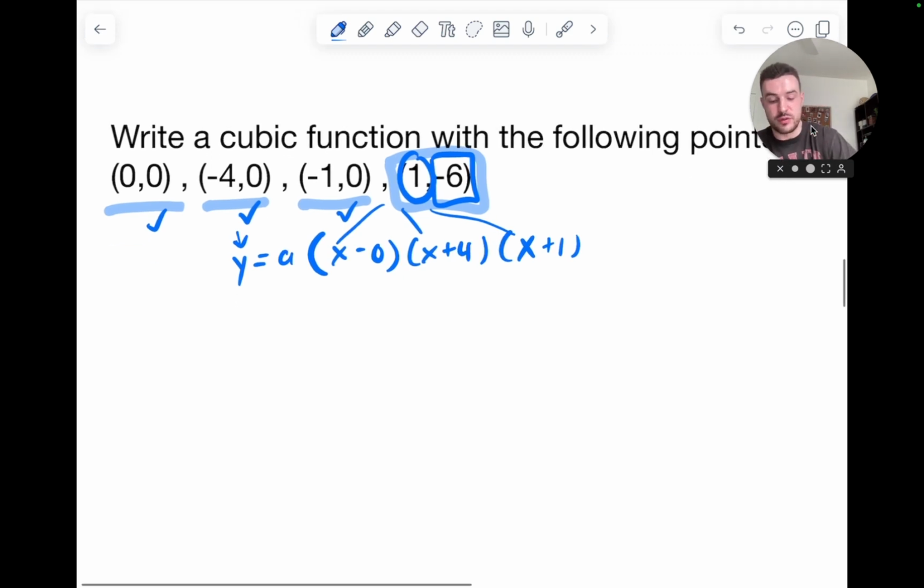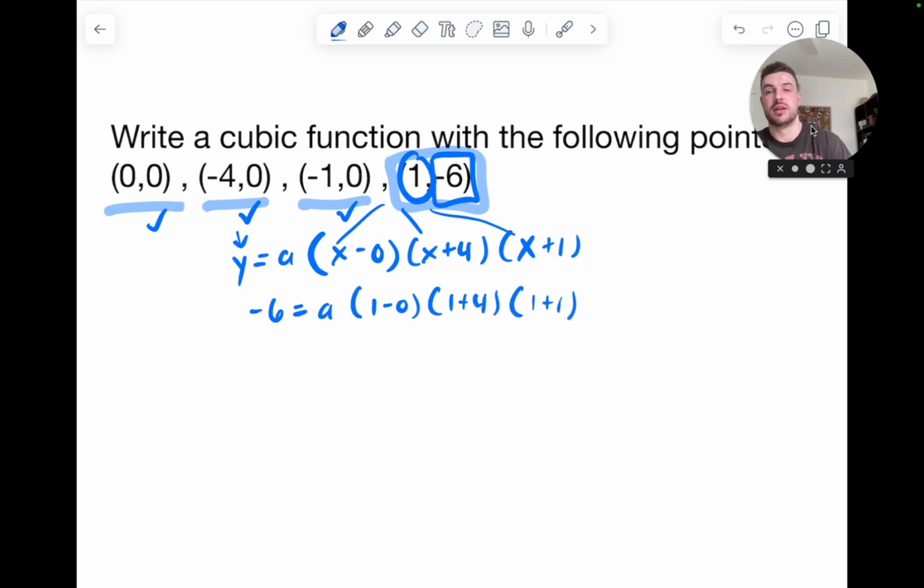So now if I do this, I've got negative 6 equals a times 1 minus 0, 1 plus 4, and 1 plus 1. Same idea, go ahead, simplify and solve. We get negative 6 equals a times 1 times 5 times 2. Negative 6 equals a times 1 and 5.